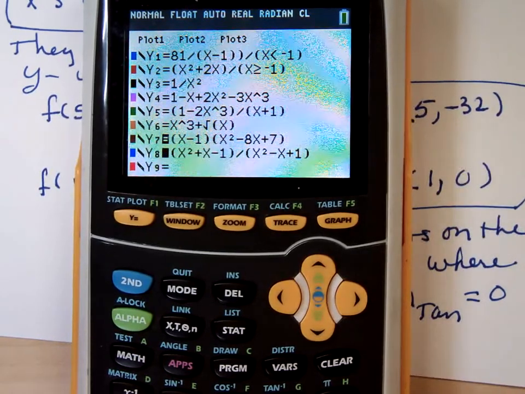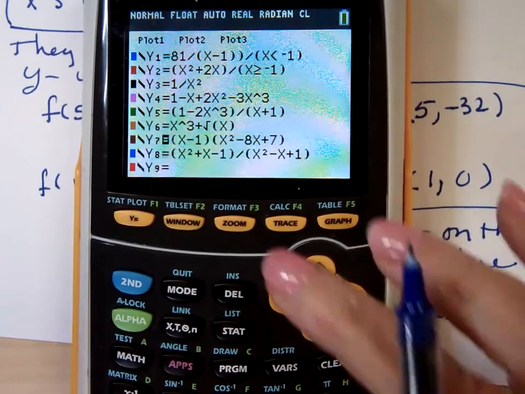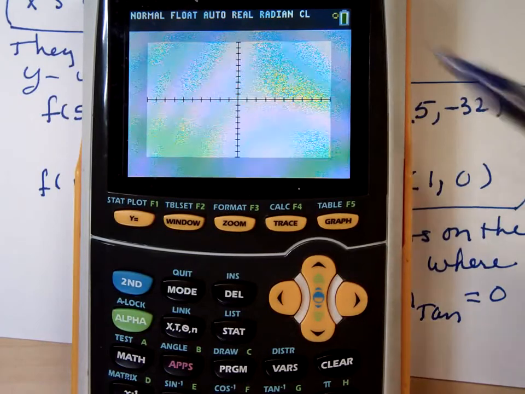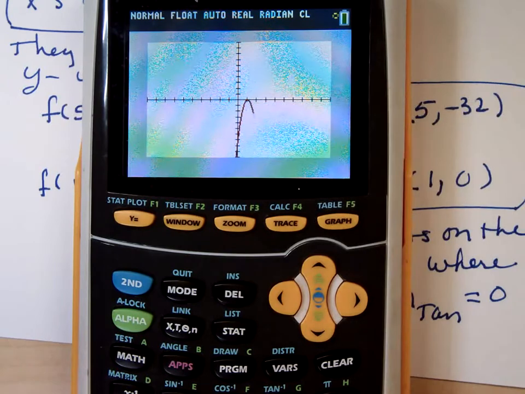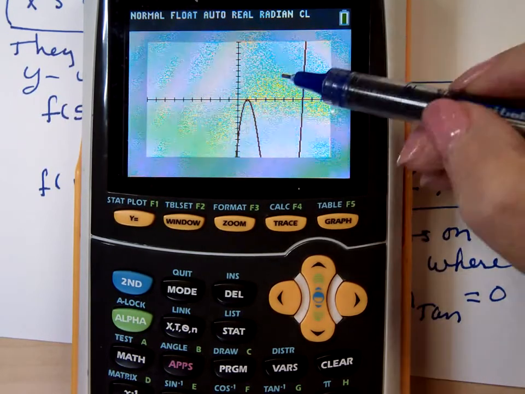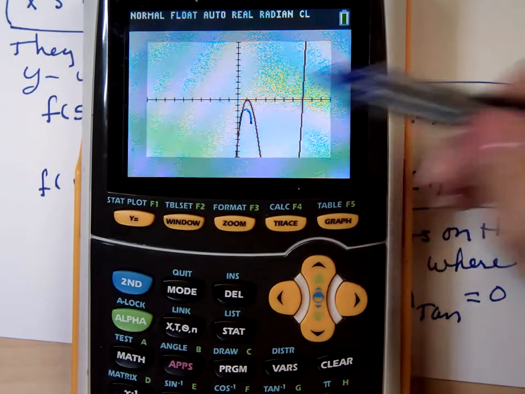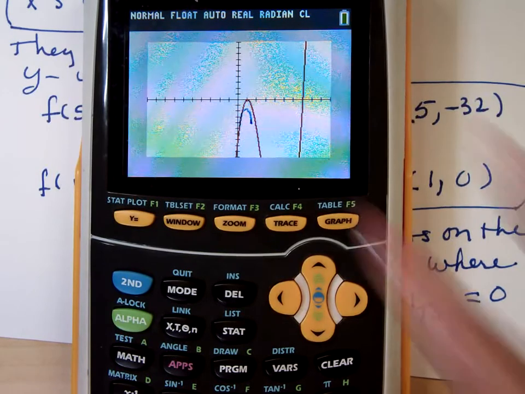Now, I messed around with this last hour, so I always start out, by the way, doing a zoom standard, zoom 6. What that does is that brings my XY axis to the center. Notice what's happening at x equal 1. I have got a heel there.